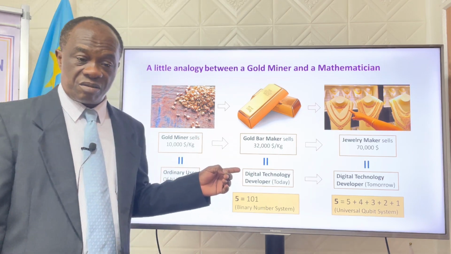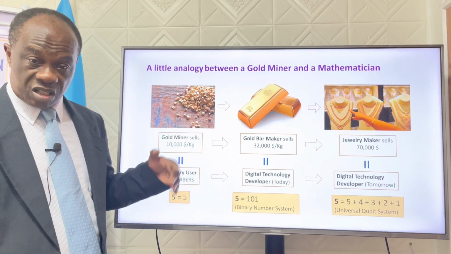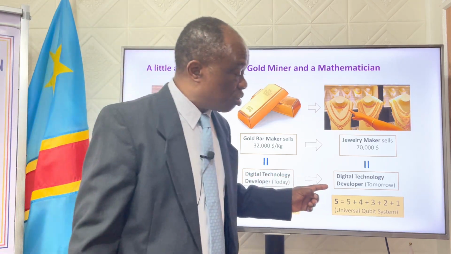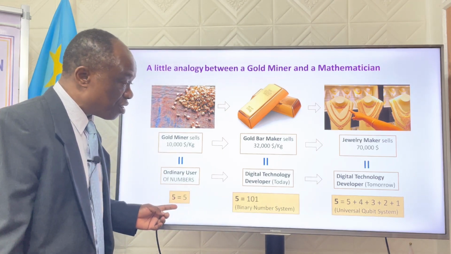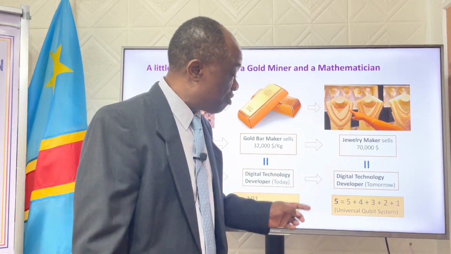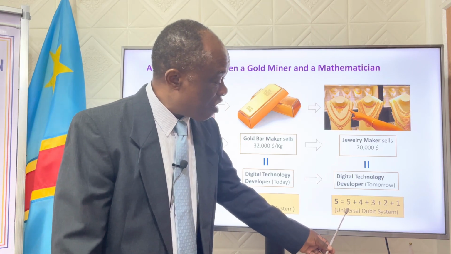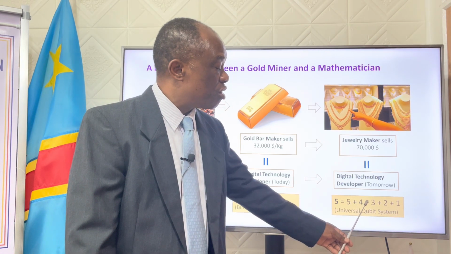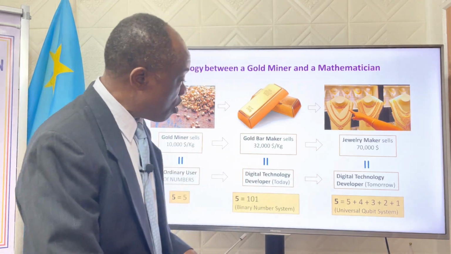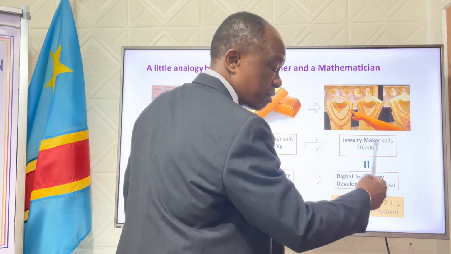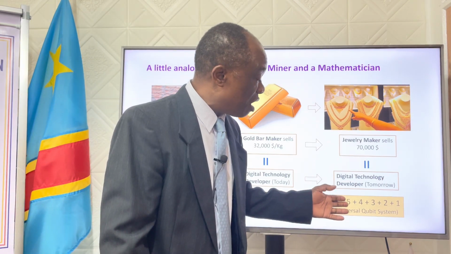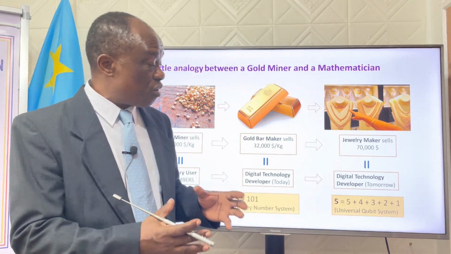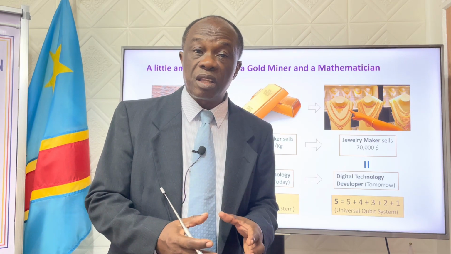But still, even though we have achieved a lot until now, we are requested to go higher, because number 5 is not just 5. 5 means 5 plus 4 plus 3 plus 2 plus 1. So if we know how to deal with this, then we will be better, because here we will have what we call the universal qubit system that will be provided.